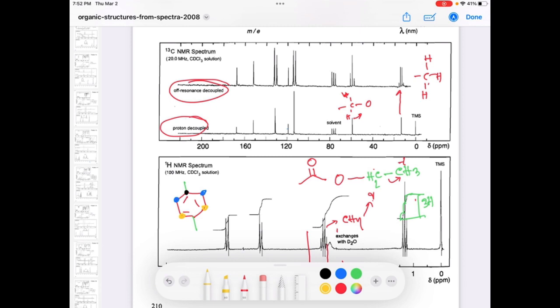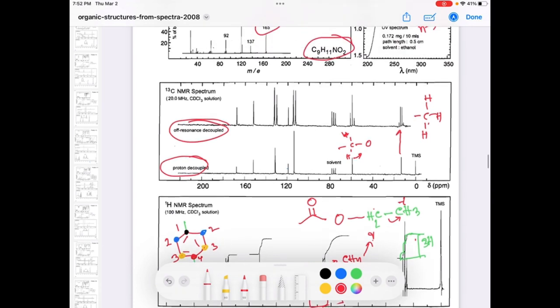These two will also be the same, and this carbon will be different. So the total types of carbon: this is 1, this is 2, this is 3, and this is 4. In the aromatic region you should get 4 carbons.